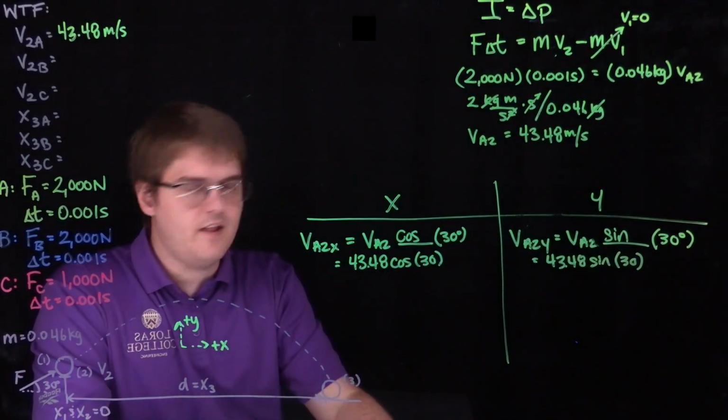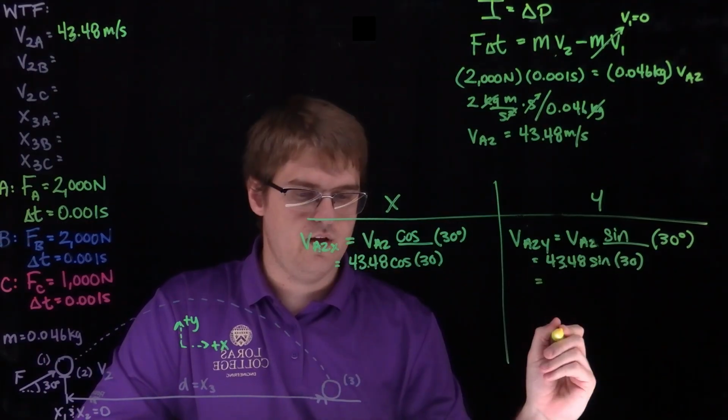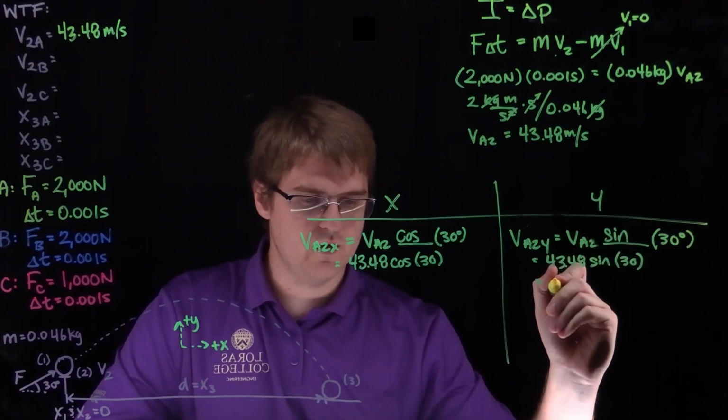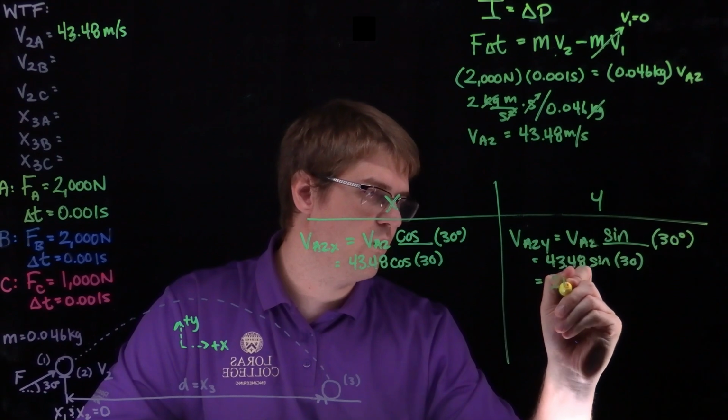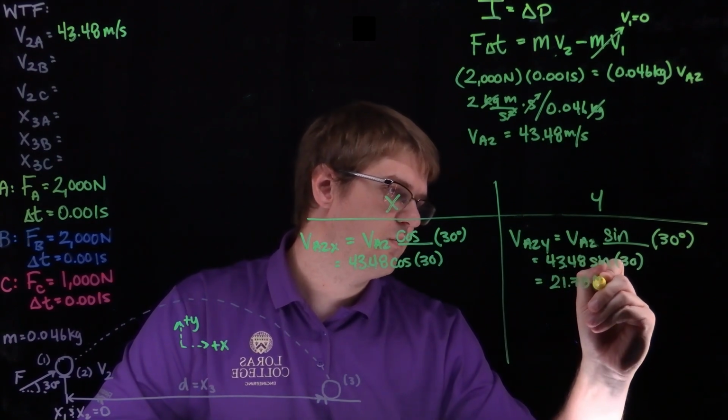The reason I like using 30 degrees is because the sine of 30 degrees is 1/2, which gives me a value of 21.78 meters per second.